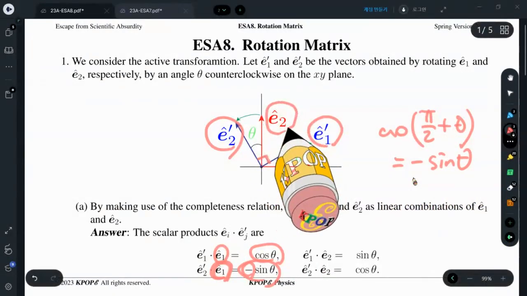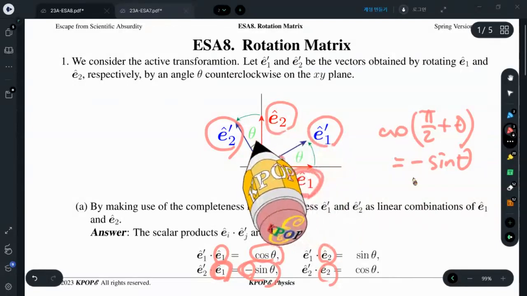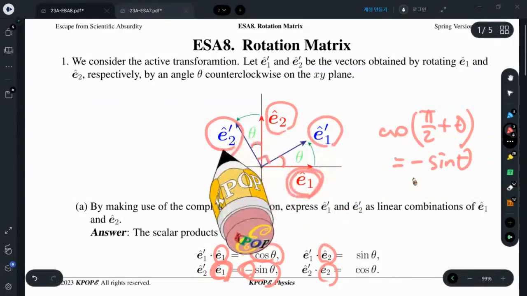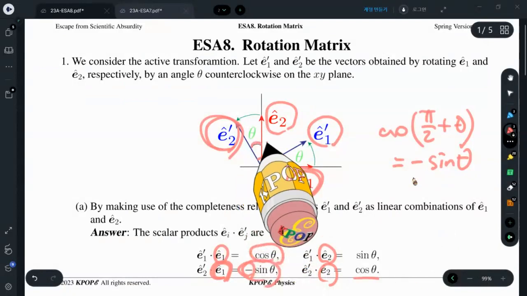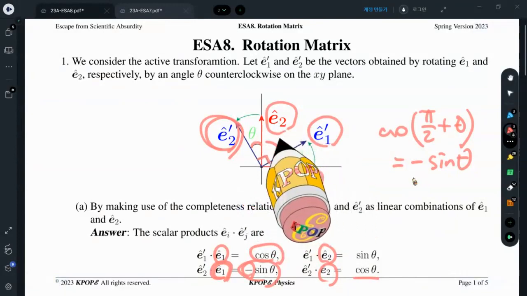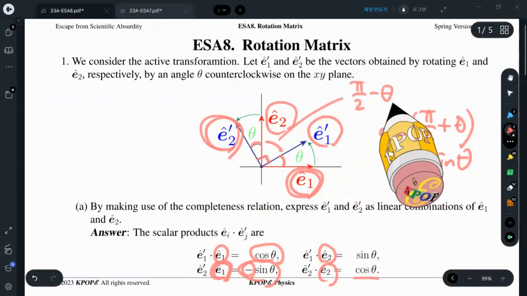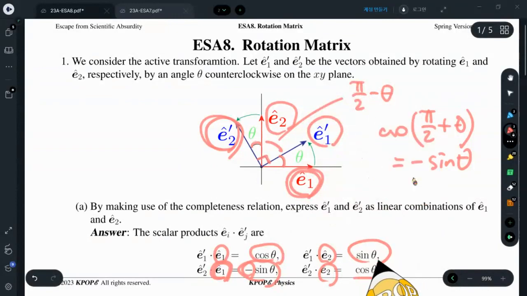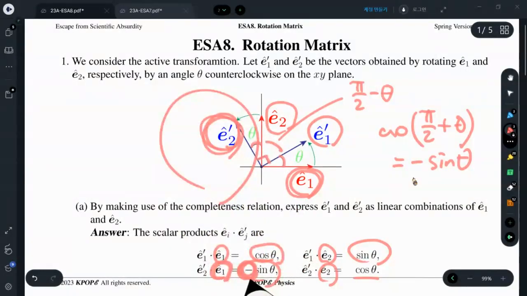Okay, then what's next? Next one is E2 with E2 prime. It is theta relative to E2 prime, so it is a cosine. And then here, the angle between E2 and E1 prime is 1/2 of pi minus theta. Therefore, it is a sine. Notice that we have a negative sign. This guy is on the left side, so we have a negative sign.